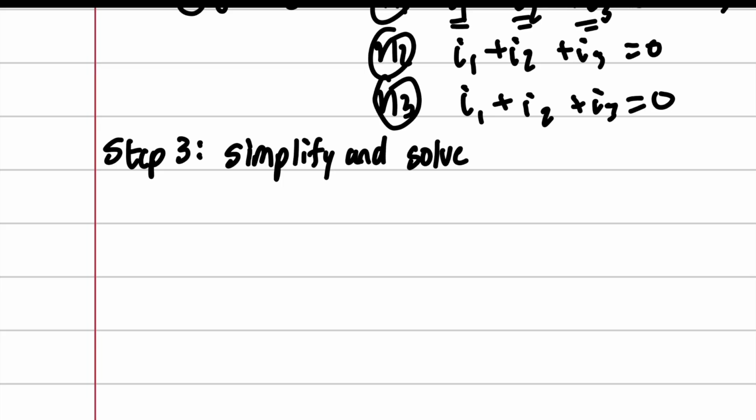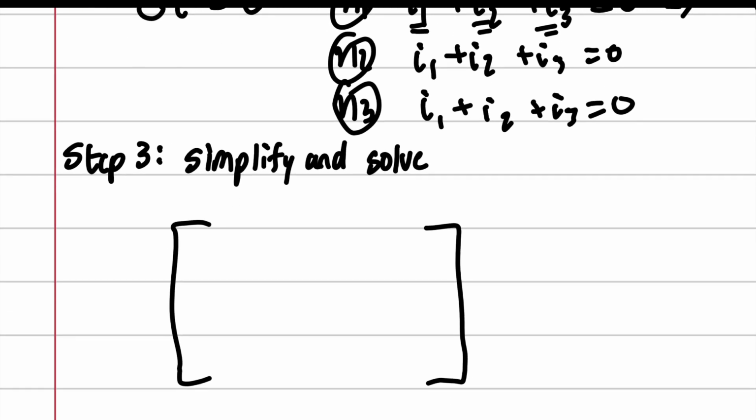Plug it into your calculator. Please use your calculator for this, because this is a system of linear equations, so we are going to be using matrices.